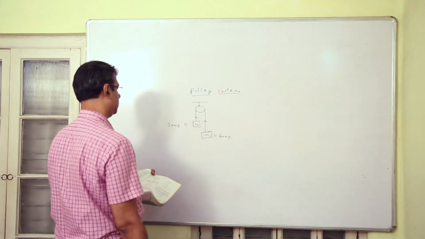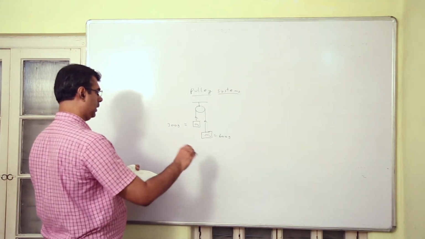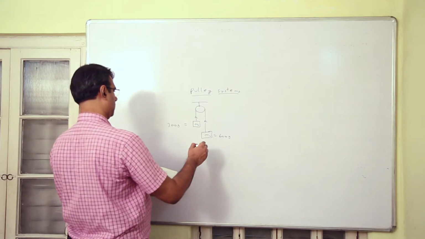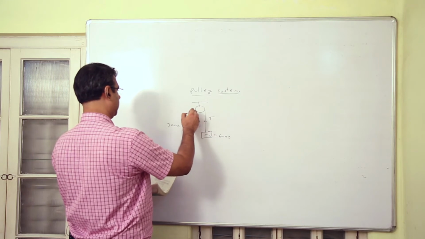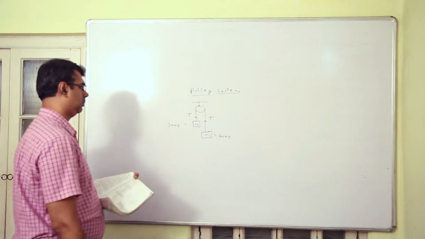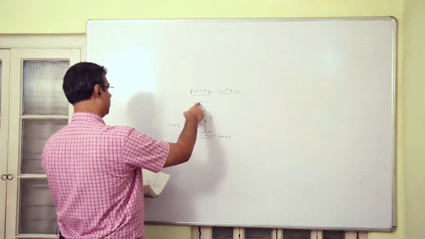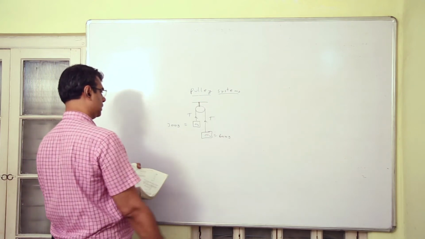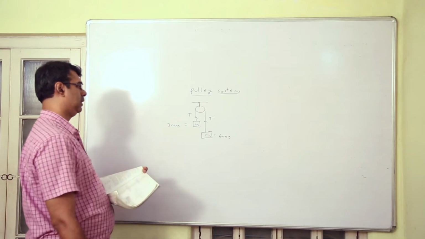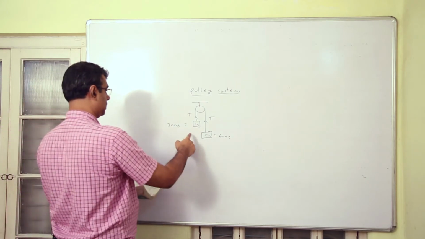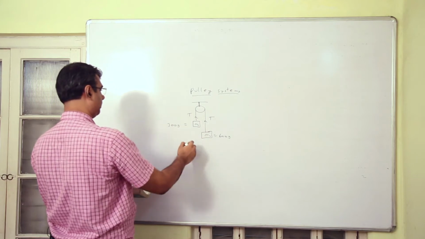Now in this particular situation, you have to find the tension in the string, number one, and you have to find the force exerted by the clamp on the pulley. Clamp means this one. Now you can see that in this particular diagram, this one is heavier than this, so this will go down, this will go up.